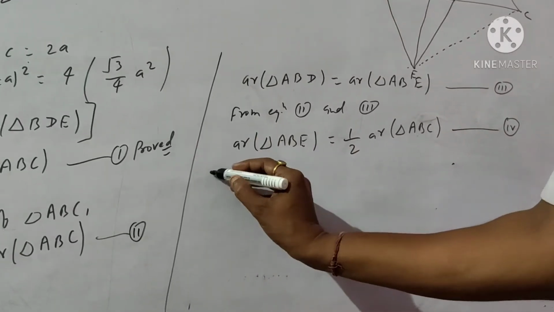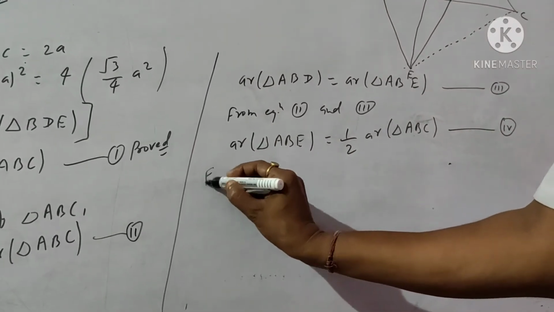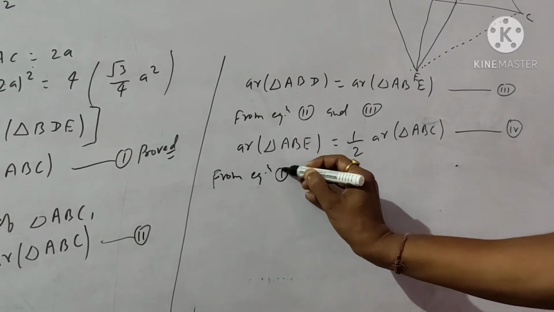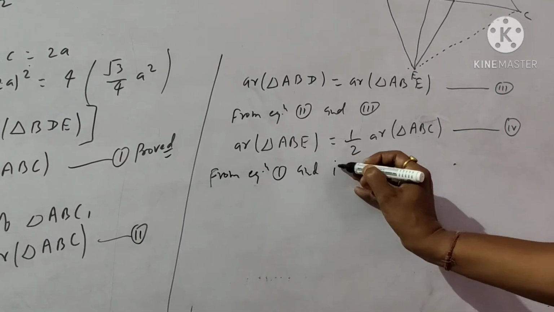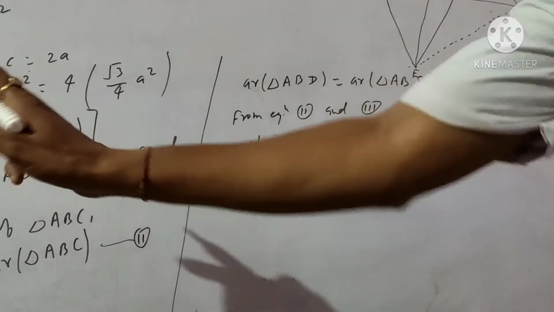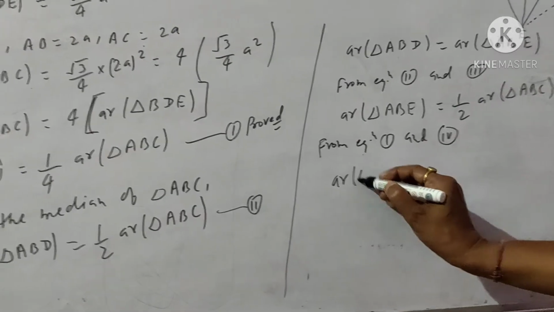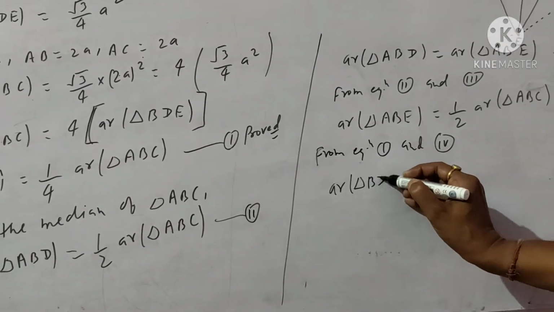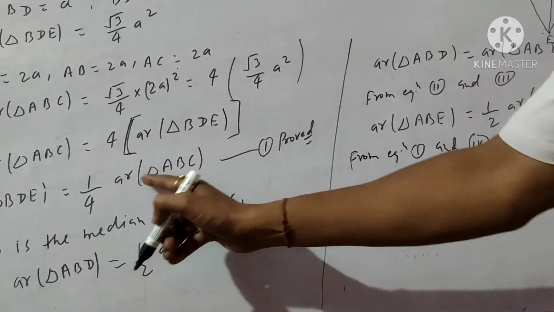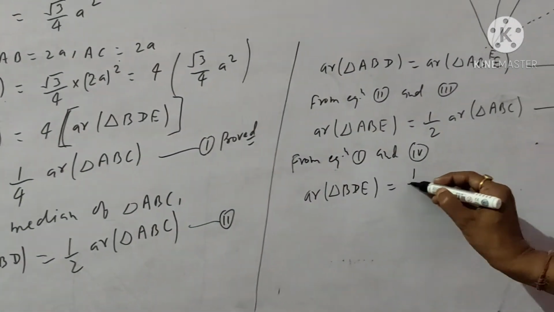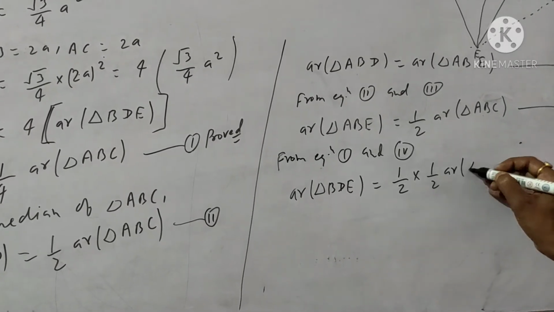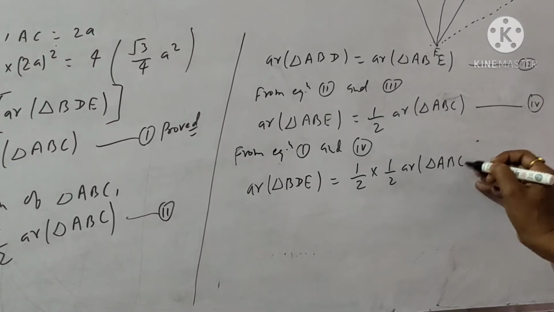Okay, from equation 1 and 4, here student, we can write area of triangle BDE is equal to 1 by 4 area of triangle ABC. So we can write here 1 by 2 into 1 by 2 area of triangle ABC.